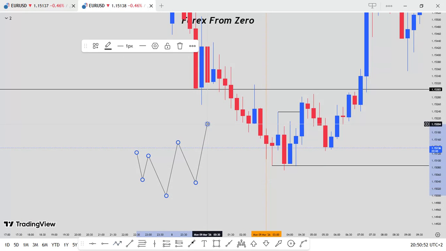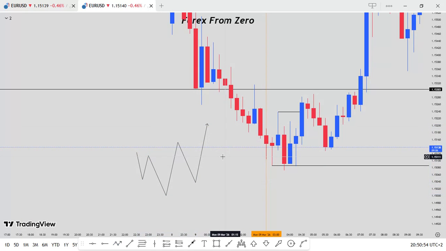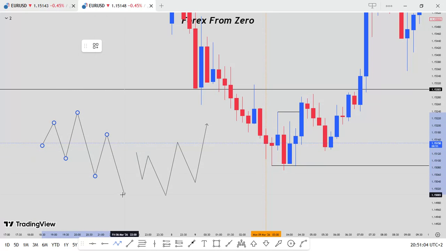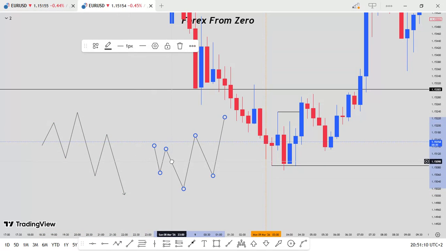We just have to know that price has shifted to another direction. And if we see something like this, for example, price is really moving to the upside, it takes out liquidity, it takes out the low, it takes out this, then we'll have to know that price has really shifted to the downside.